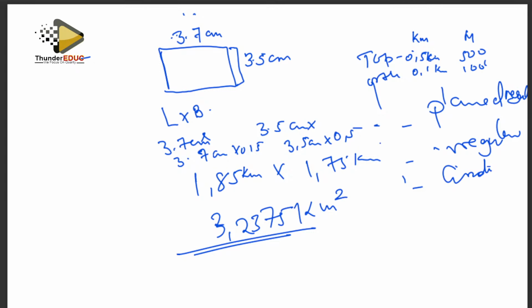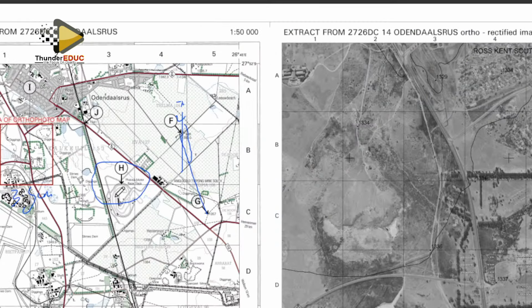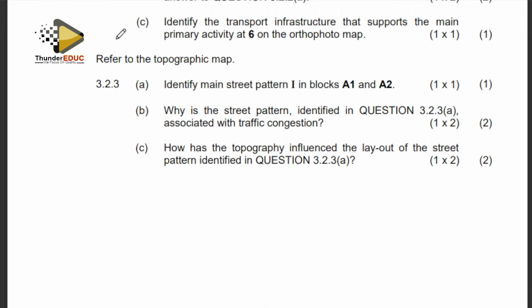When you check here, if you look at the kind of diagram that I gave you in your books, you will see that this one looks like bricks, like a grid. So the answer that you're going to write down here is the grid street pattern. I hope we are clear there. So the answer is, I has a grid street pattern.